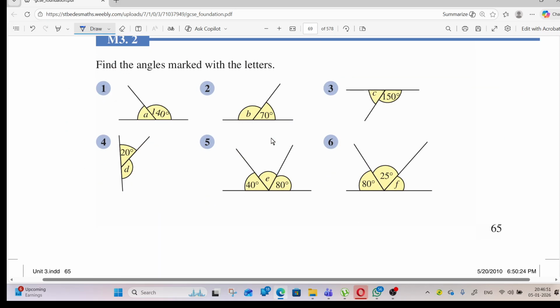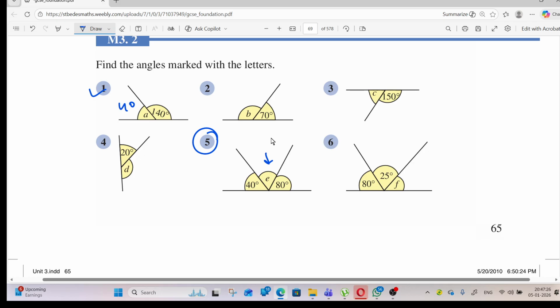Can you find this a? 40. Very good, that's 40. Let's try number 5. Find e. 60.